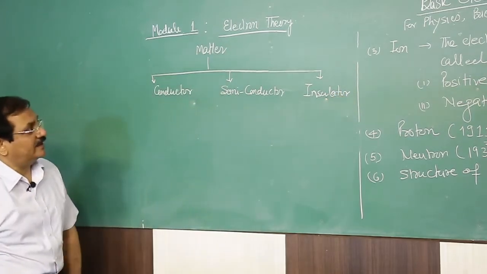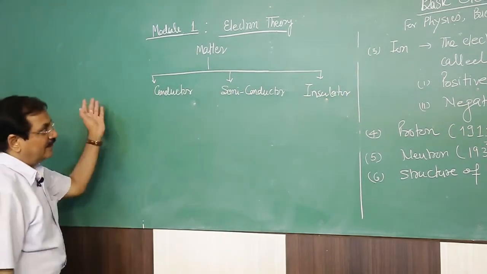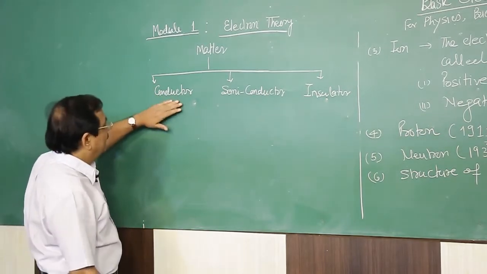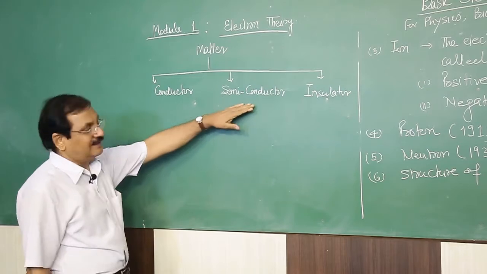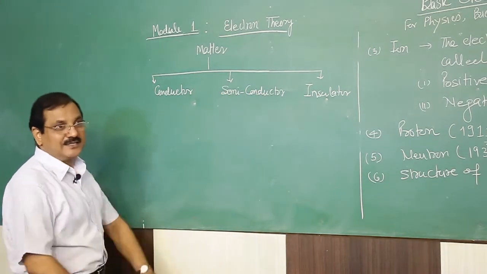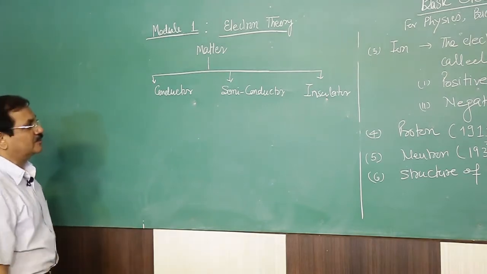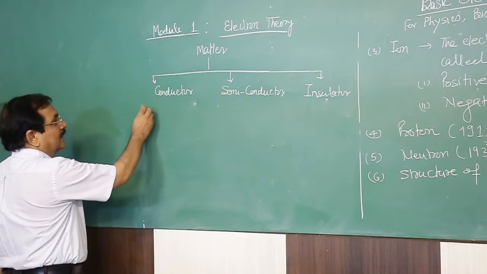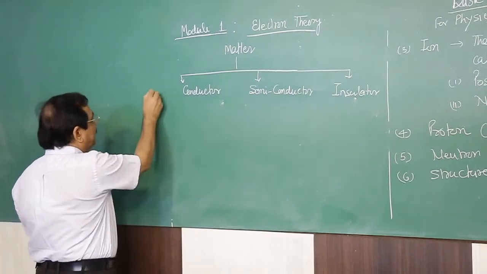Conductor, semiconductor and insulator mean: there is availability of valence electrons for free movement in a conductor, availability of valence electrons for restricted motion in a semiconductor, and when there is no availability of electrons for motion inside the material, it is termed an insulator.